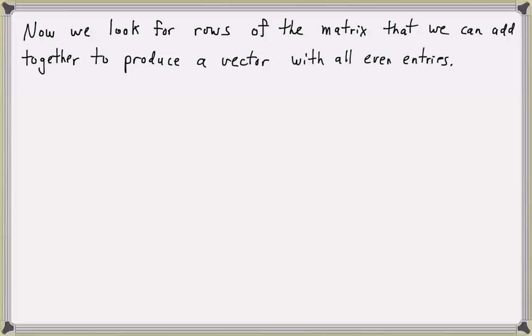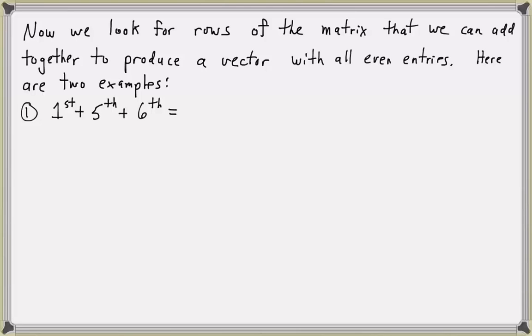Here are two examples. If we add the first row, the fifth row, and the sixth row of the matrix together, we get the vector 6, 0, 6, 0, 0, 2, 0, 2.